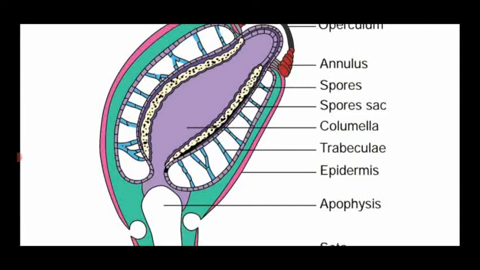Then this sporangium is surrounded by a protective layer, the columella. From the lateral position of the columella, a number of tube-like structures arise, which are blue in color, known as trabeculae.